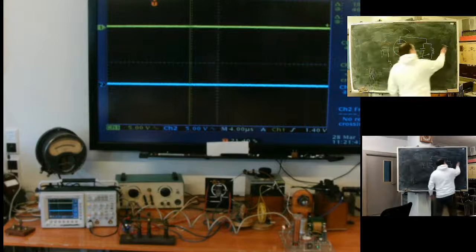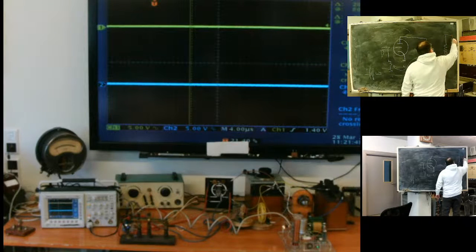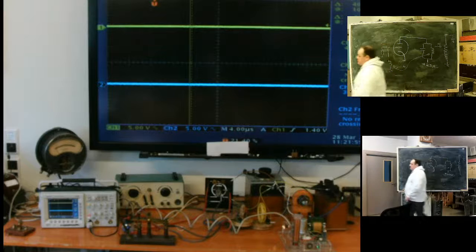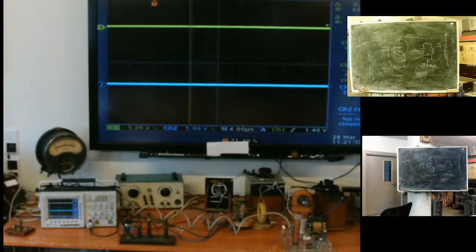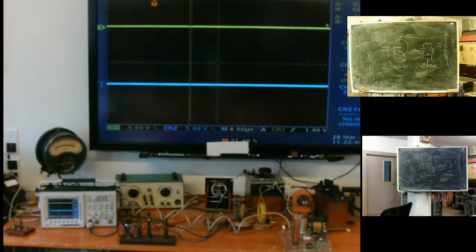And another coupled coil, this longer one. Altogether, it's a resonance transformer.